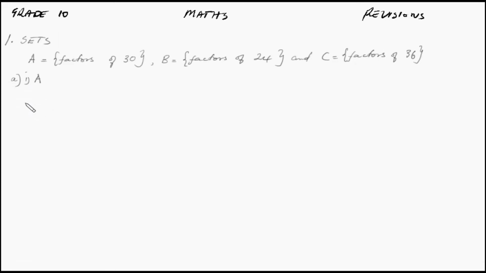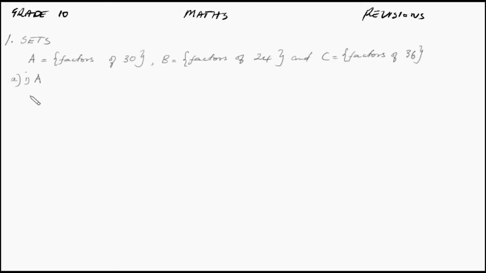Okay. How do you do that? How do you list the elements in set A? If set A is the set of factors of 30, how do you list those elements? All right. This is what you do.